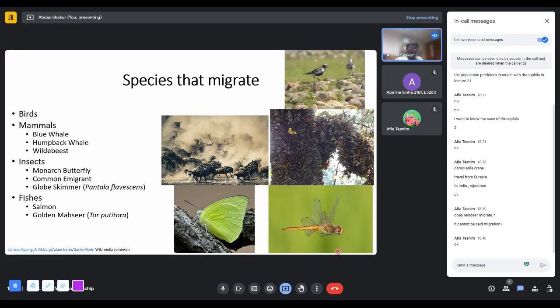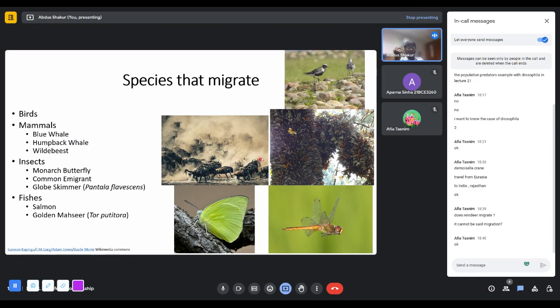So they're transferring the nutrients from one place to the other. Especially with salmons, most of the salmons die in the upstreams. So where they have been feeding in the oceans, they bring the nutrients from the ocean to the river, which helps in sustaining other organisms that are dependent on it.